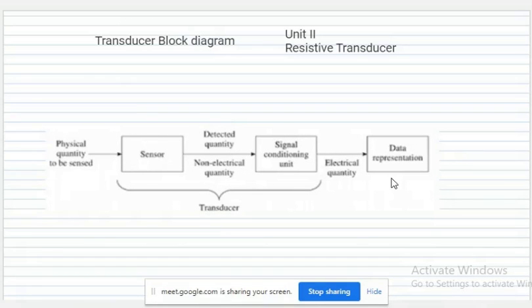Can you give an example of data representation systems which you see frequently in and around? What is the device you are holding right now? Mobile phone. Which part of the mobile phone helps you see the result? The screen, the monitor. Correct. So in a transducer also we have a display unit, that is nothing but a monitor.